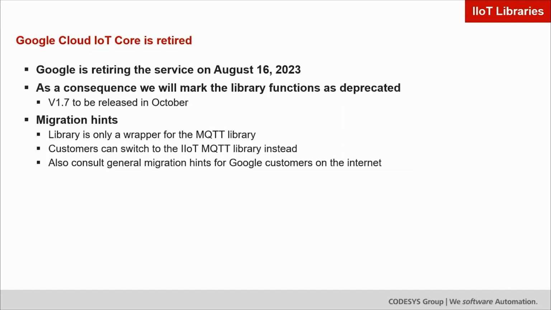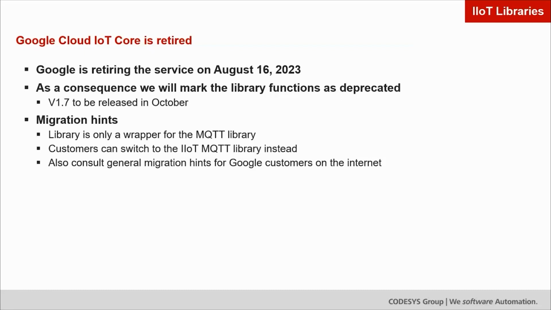As a consequence, we will mark all library functions of our IIoT library as deprecated, and this will already be part of the 1.7 release in October. At this point, I just want to clearly state that the decision to retire the service is not our decision and not related to our library, but Google itself decided to retire the service.